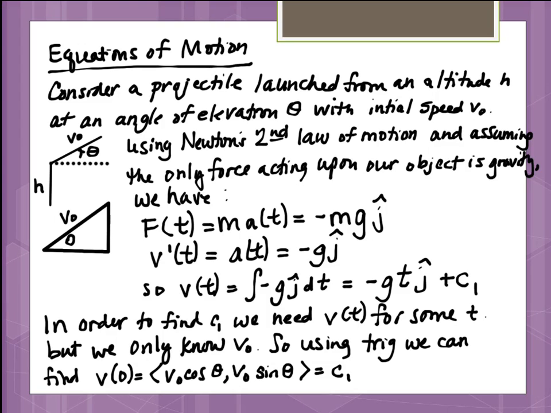Here's my theta. And then I can find the other two side lengths based on the theta and the V0, so that the value at the bottom is V0 cosine theta, and the side value is V0 sine theta. So that's where those are coming from, from that particular triangle with trig. All right, so let me take this piece and I'll copy this to the next slide. We're going to continue from here.